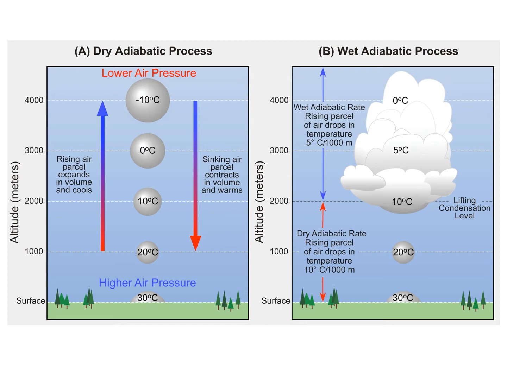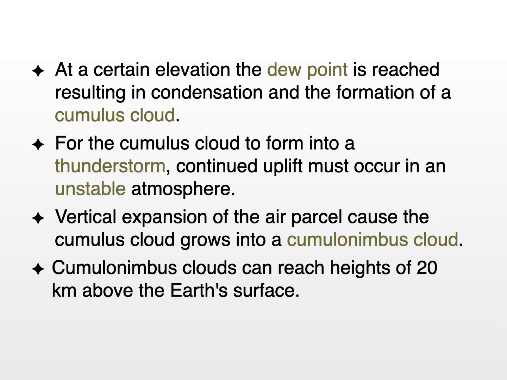So what happens when a cumulus cloud starts forming? You can see they usually have a flat base. Above that base, the cloud is condensing water. At the base, the cloud has reached its dew point and 100% relative humidity.